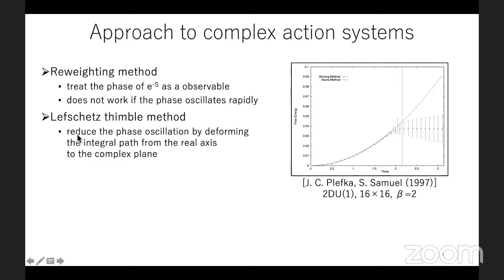This technique reduces the phase oscillation by deforming the path integral contour from the real axis to the complex plane. This is clearly an improvement over reweighting, and it works well. However, the difficulty of this method is its high calculation cost.